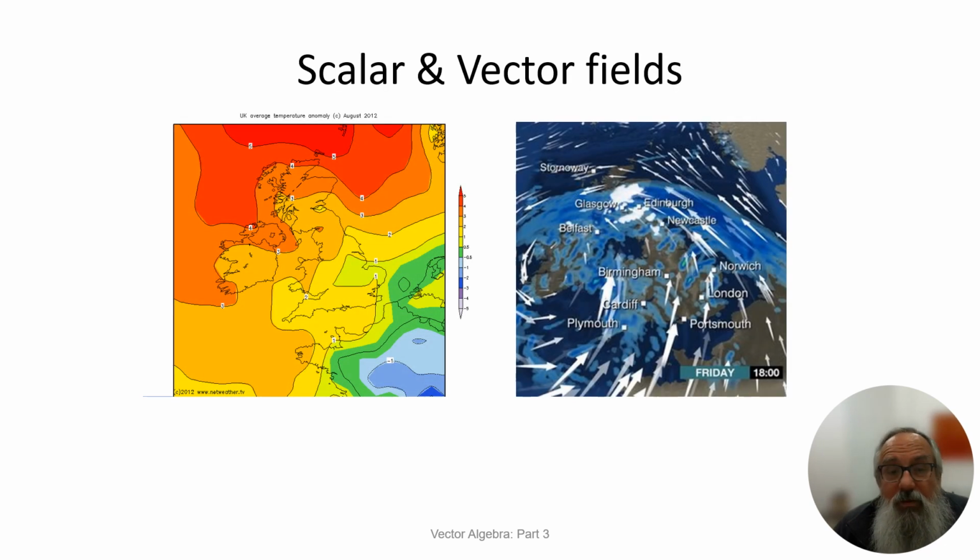Scalar and vector fields. Well, what are scalar and vector fields? This is what we mean by scalar and vector fields. This is a scalar showing, for example, pressure. Pressure is a scalar field. We can represent that with a vector, and the derivative shows the angles.